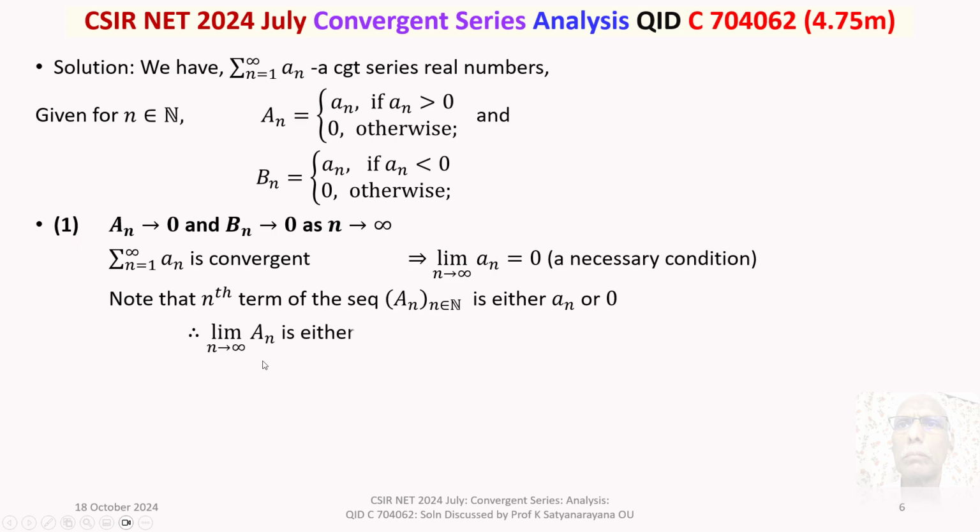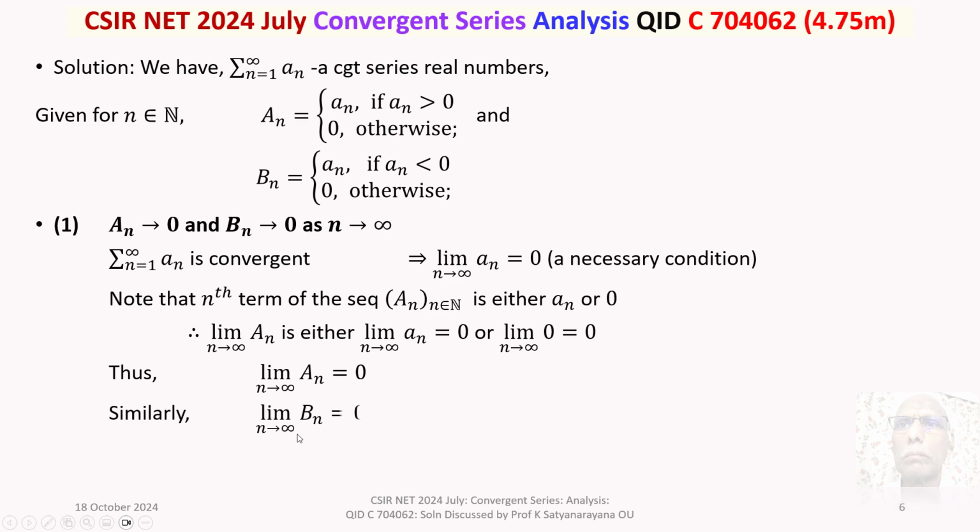Therefore, limit n tends to infinity of capital A n is either limit n tends to infinity a n, which is equal to 0 by this, or limit n tends to infinity 0, that is 0. See, in any case, limit n tends to infinity of capital A n is 0. It is necessarily happening. Similarly, limit n tends to infinity capital B n is 0. Therefore, the option 1 is true.